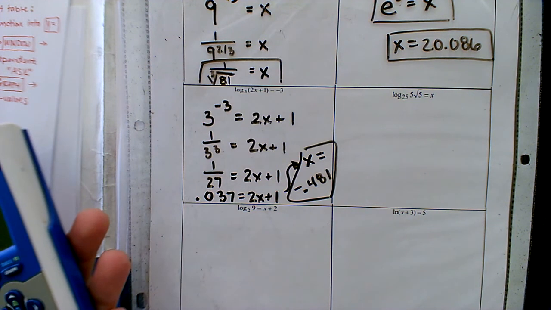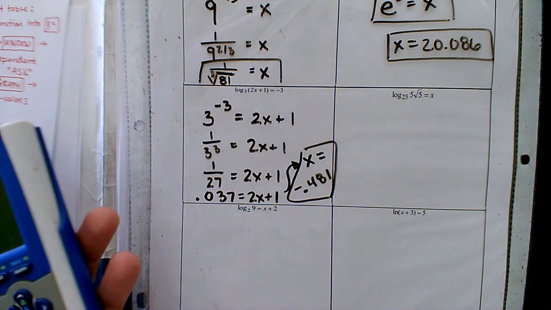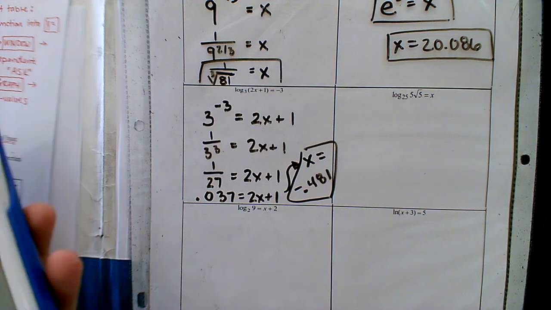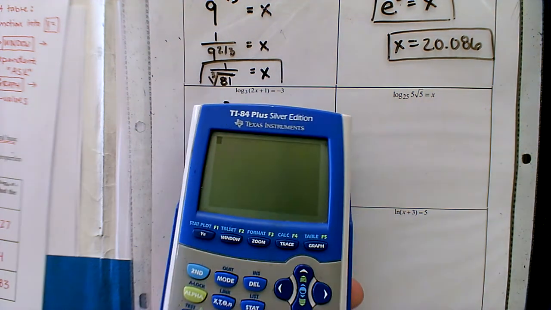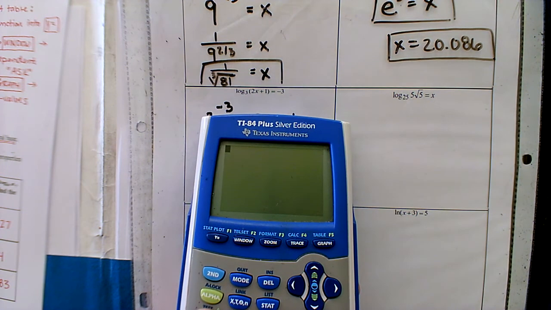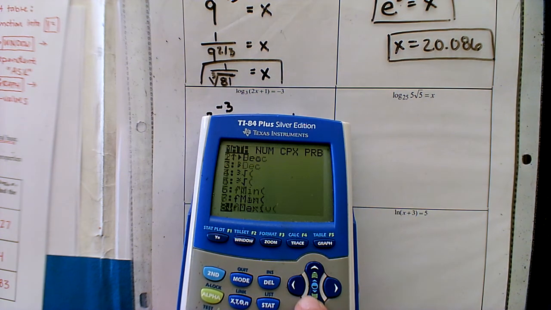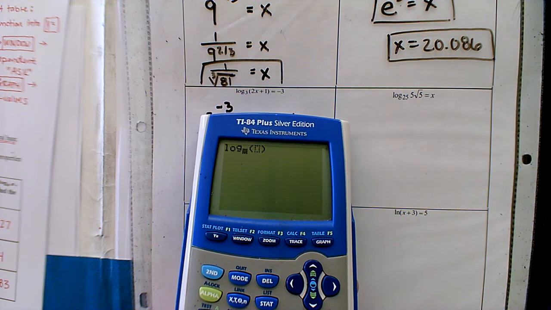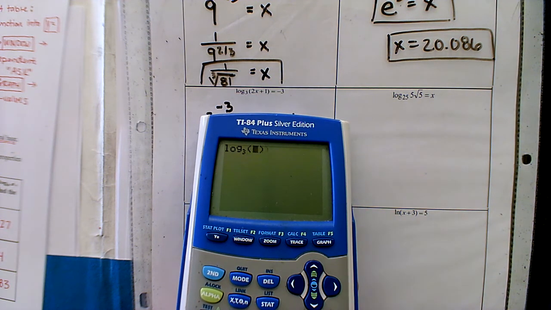Do we want to check our work, or do we kind of trust our gut with this one? Want to trust it or check it? We'll check it just for practice. Okay, math, we'll go down to letter A. My base is 3.